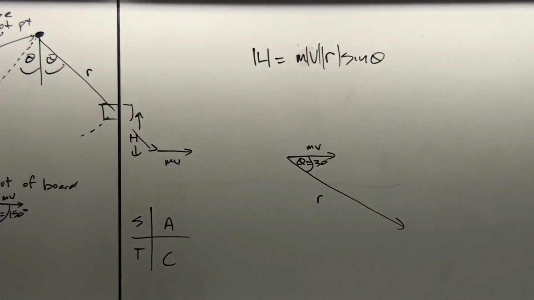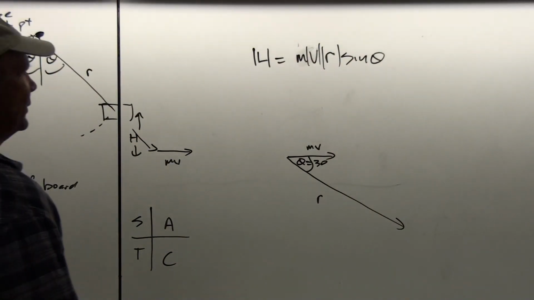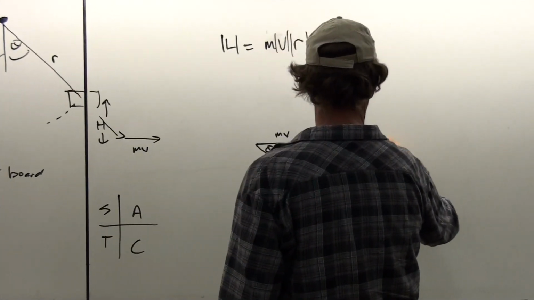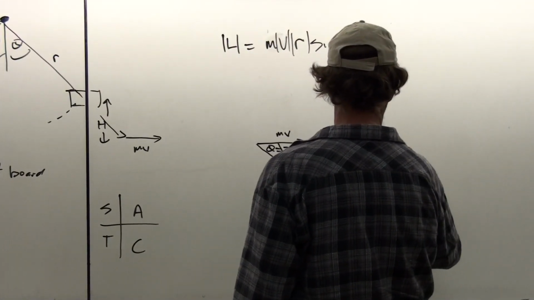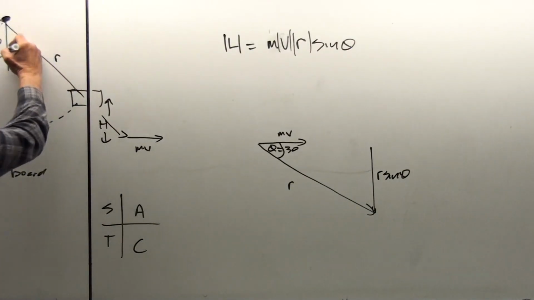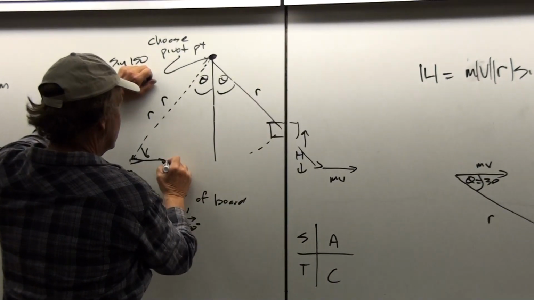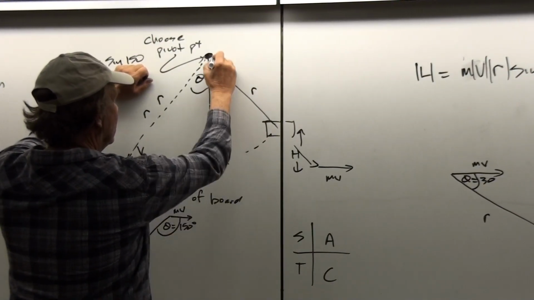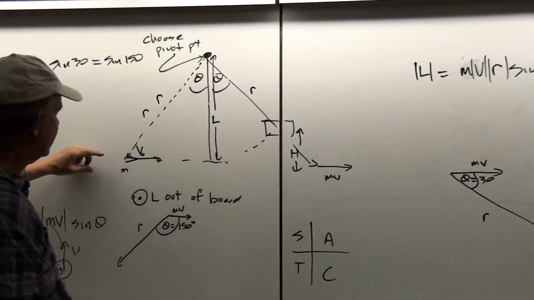And so that's our expression for the angular momentum in general. But r sine theta is just this distance. And now what is that here? Well, r sine theta is the same as this distance here, which I could call L, regardless of what theta is.